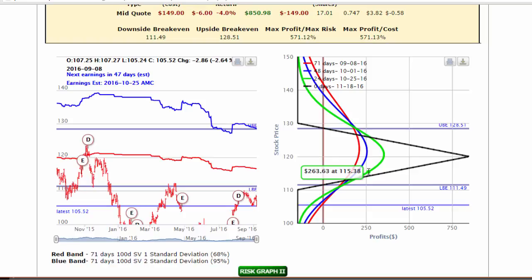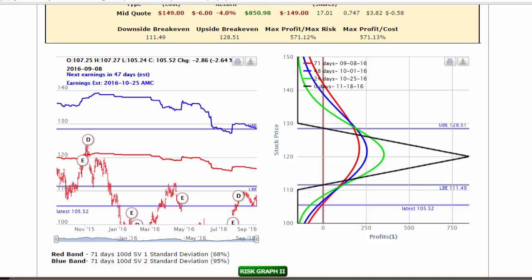Now, the only issue that I see in this risk graph is, well, what happens if Apple skyrockets? Okay, we see that if the stock continues to go higher, for example, let's say if it goes to 140, well, our profit is actually zero, and in some cases it's actually less. Okay, so it's actually a loss, and that's because of the way that this particular trade has been structured.